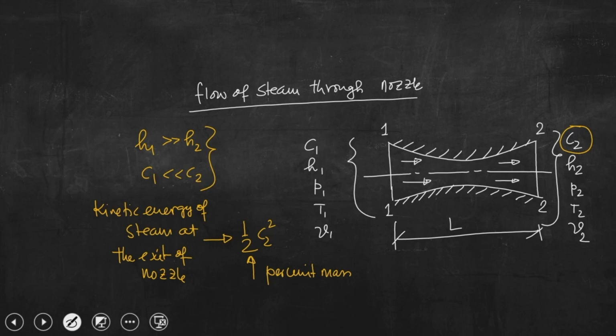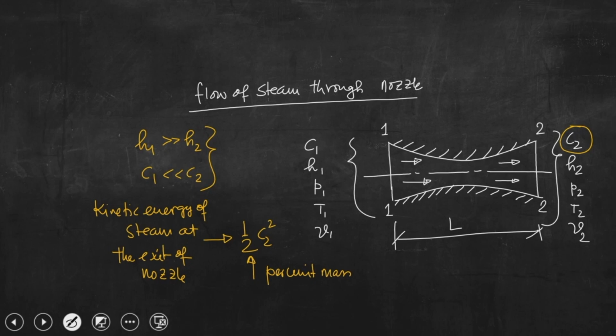Now, first let us look into the change in velocity of steam as it passes through the nozzle. While we are talking about the efficiency of the flow nozzle, we need to look at the change in velocity of steam as it passes through the nozzle vis-a-vis the drop in enthalpy of steam as it flows through the nozzle.